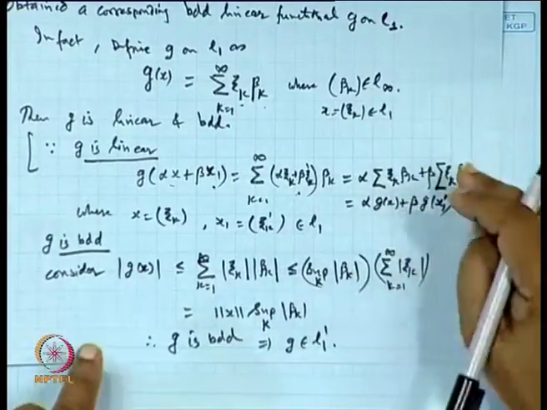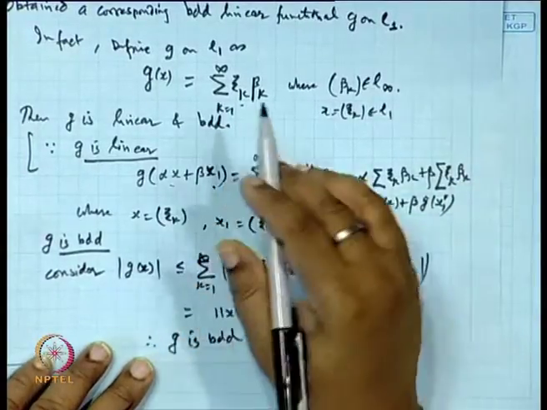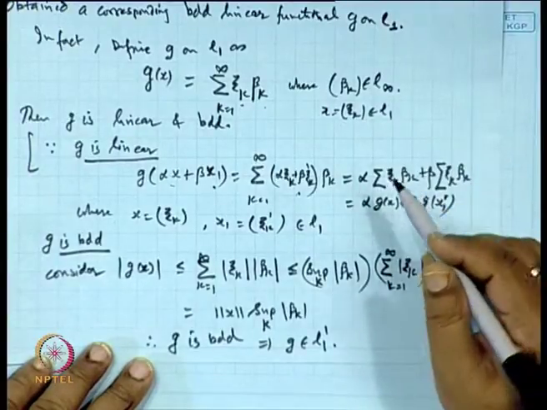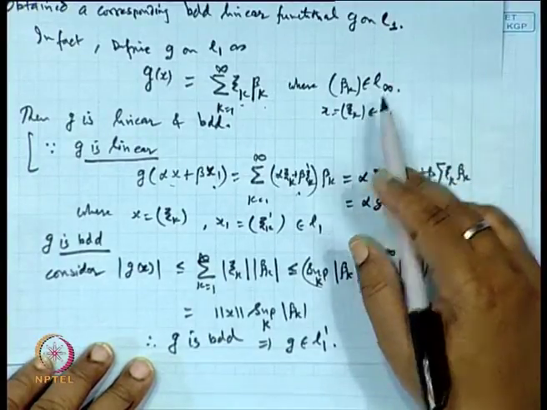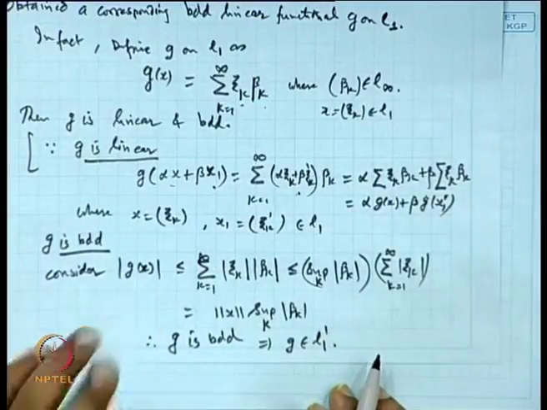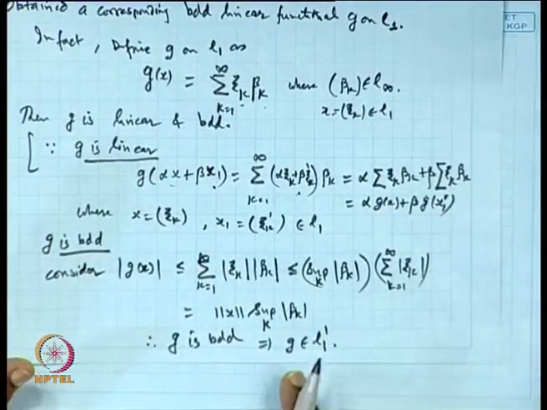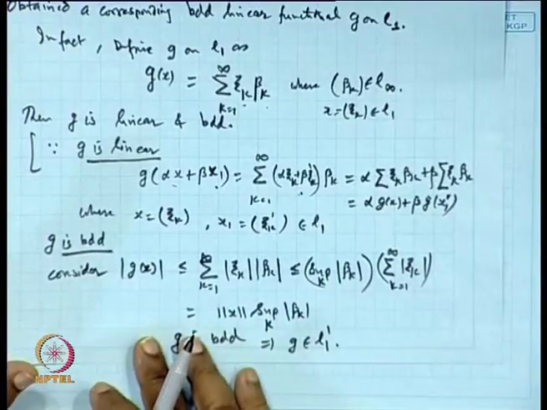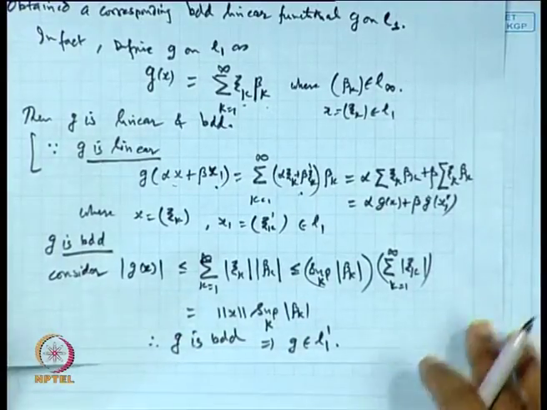So, corresponding to a point in L infinity, we can always find a point in L1 dual. So, there is a one to one correspondence. Now, if this mapping preserves the norms, then both are identical. So, next we see the norm.